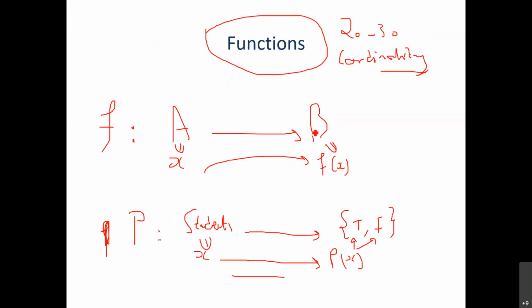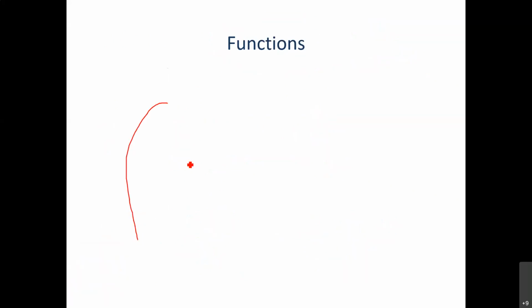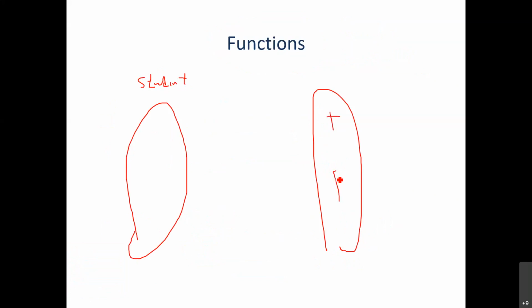So that's functions. It takes you from one set to the other. But one important idea that makes a function: every element in the left set has to be mapped to the right set. So let me clear that. If you have your set here, students, and here we have my true and my false, all the students here have to have some mapping that takes them to either true or false.